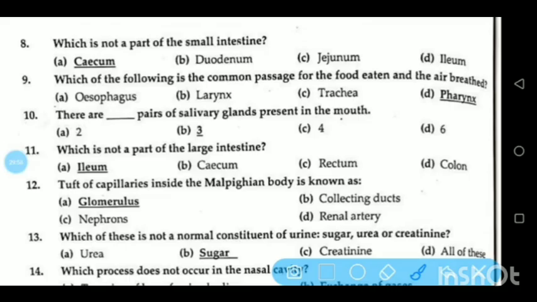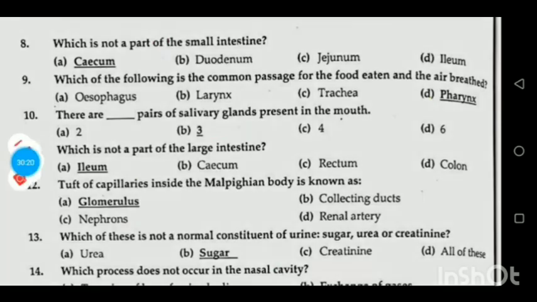Which is not a part of the small intestine? Caecum. Which of the following is the common passage of the food eaten and the air breathed? Pharynx. There are 3 pairs of salivary glands present in the mouth. Which is not a part of the large intestine? Ileum.